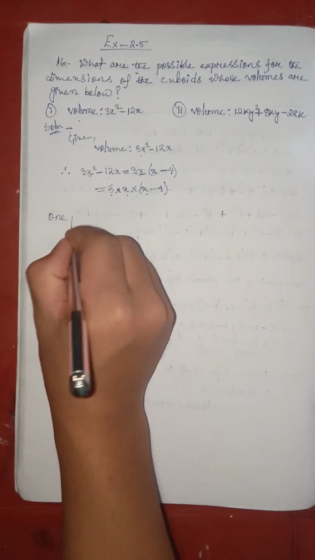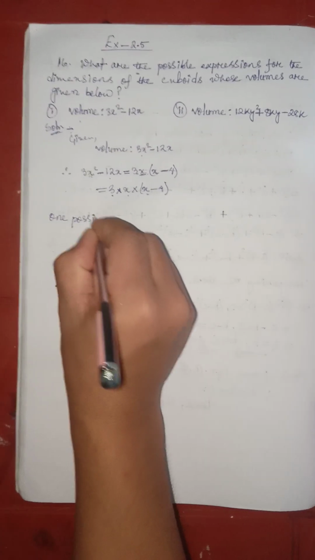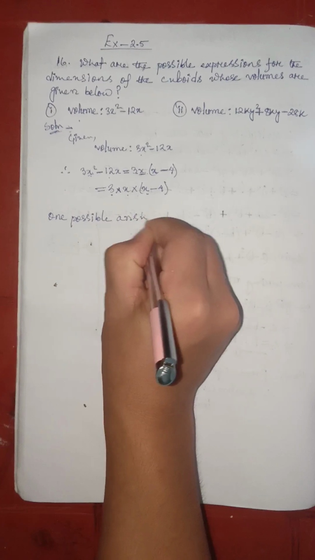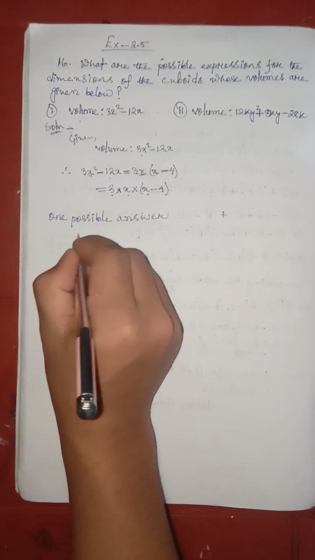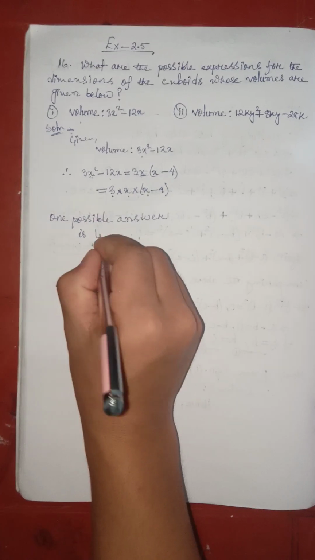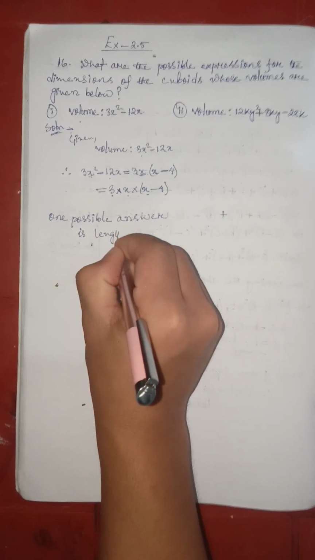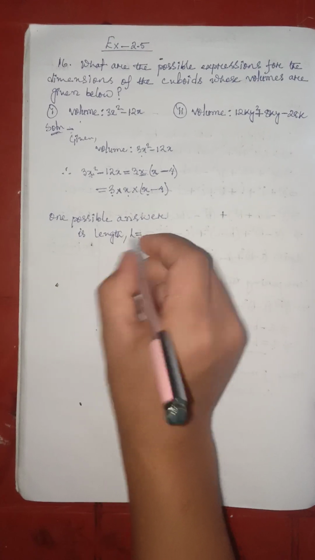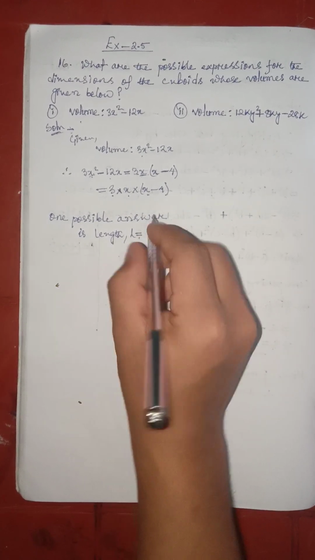You write one possible answer. First we have length. If it talks about dimensions, don't get confused. It is length, breadth and height.